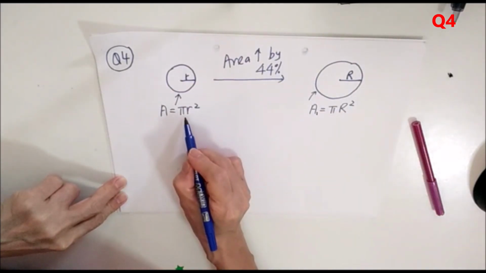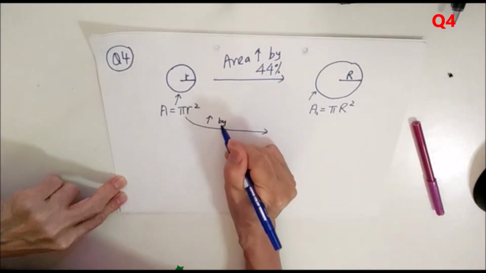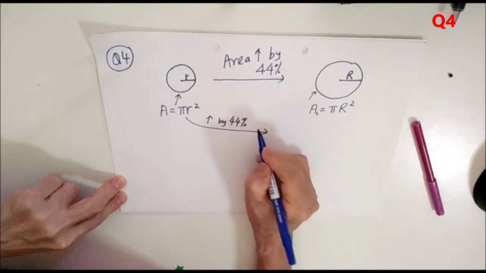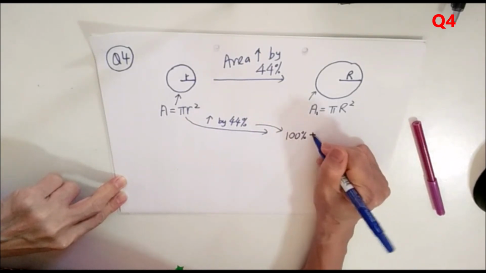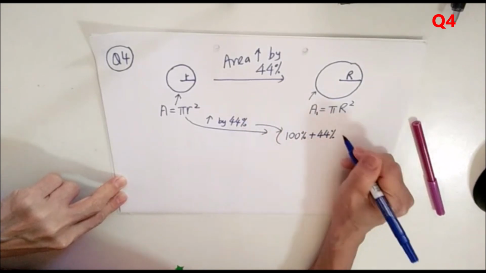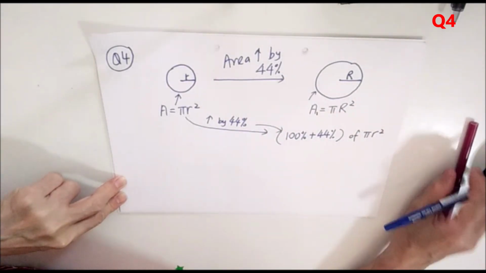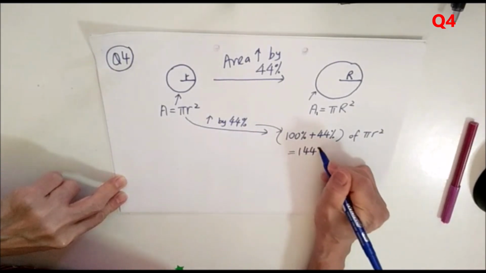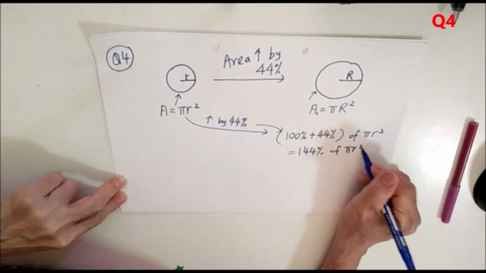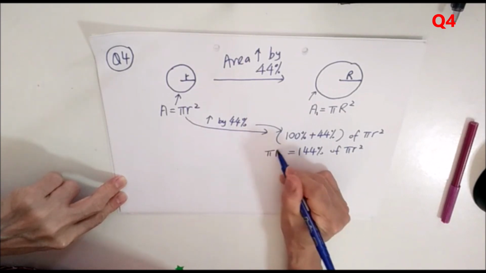So this small area, where we increase by 44%, the new area you will get is 100% increased by 44% of the original area. So the big area becomes 144% of pi r squared. So this big area is the same as pi big R squared.